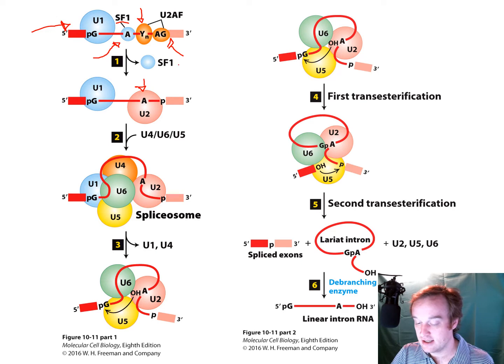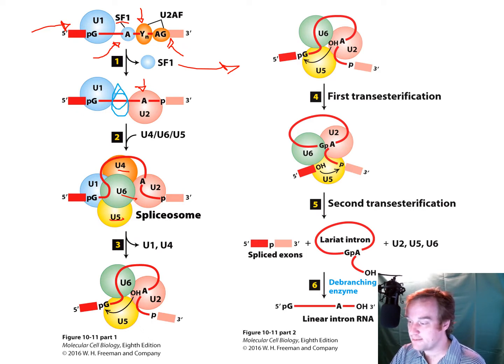So SF1, that's out of here, and now U2 comes in, and it covers that polypyrimidine tract and that conserved A branch point. Now in step 2, U4, U5, and U6, which we call a trimeric snRNP complex, comes in and binds to the spliceosome. So you can see in between the two we have 4, 5, and 6, and they kind of fill the gap that was present right up here.